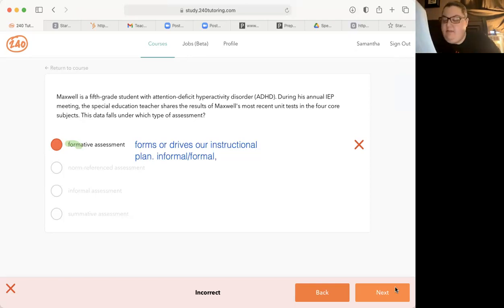Is it summative? Or did you tell me it was informal? Because summative here, the definition is right here in the question. It says the special education teacher should test. And their unit subject is tests, right? Exactly. And a unit test is at the end.